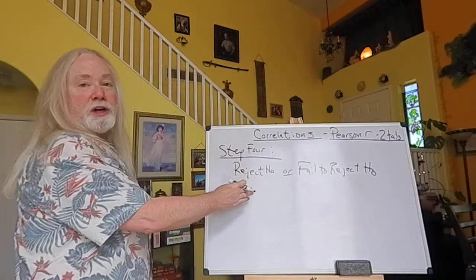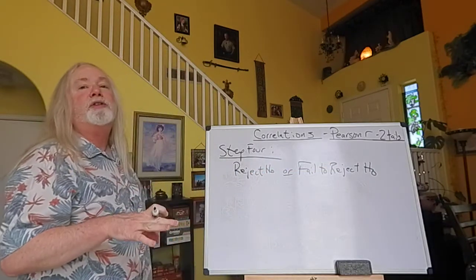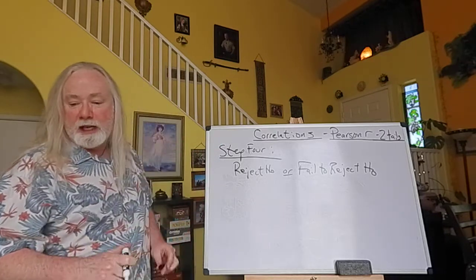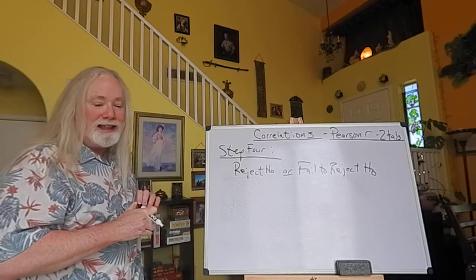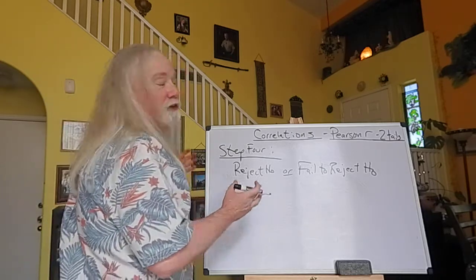We're either going to reject the null hypothesis or we're going to fail to reject the null hypothesis. If we find our R statistic is in the shaded area, we reject. If it's in the body, we fail to reject. And then the last little thing here is writing these results in APA format is a little bit different than some of the others because it's a different kind of study.